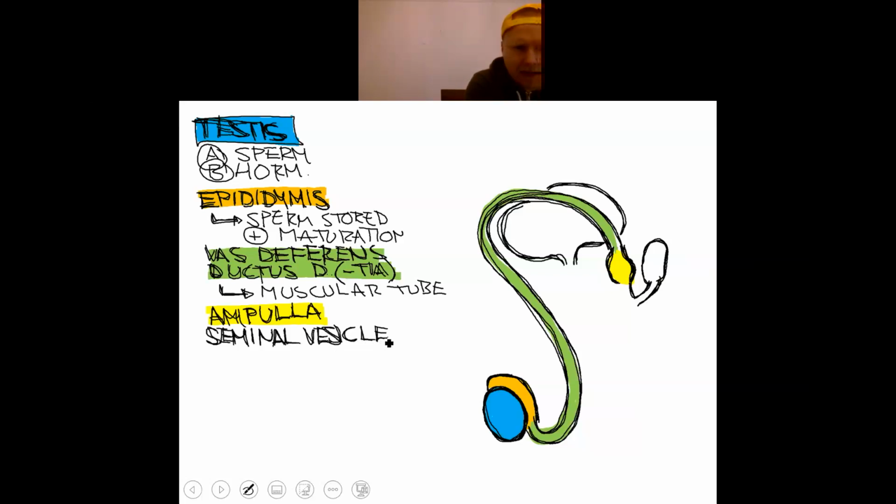And if you think about what the seminal vesicle does, so far what we have had traveling has been only the sperm cells. But now we're adding secretions that make it semen.